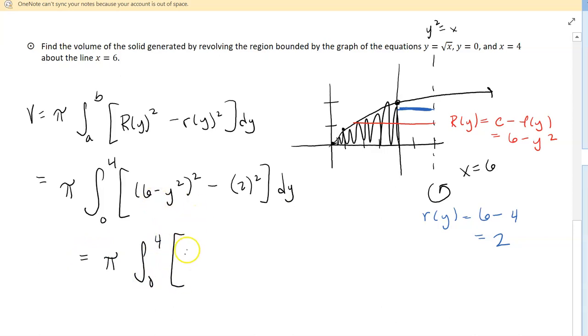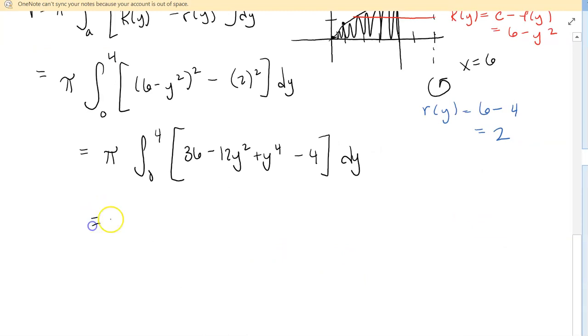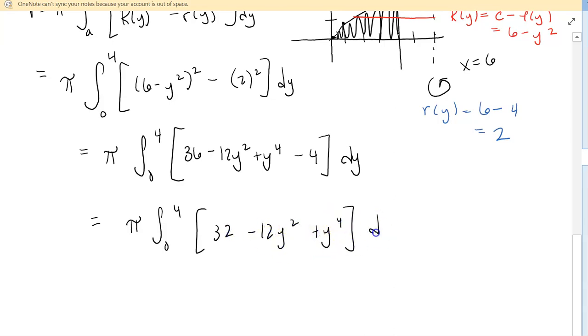So that's going to give me 36 minus 12y squared plus y to the 4th minus 4, which is going to be pi times the integral from 0 to 4 of 32 minus 12y squared plus y to the 4th dy.